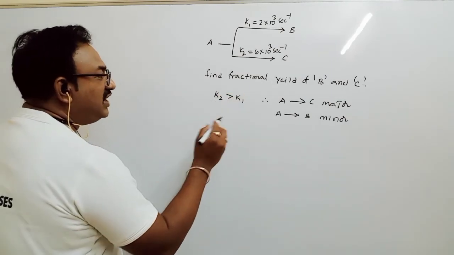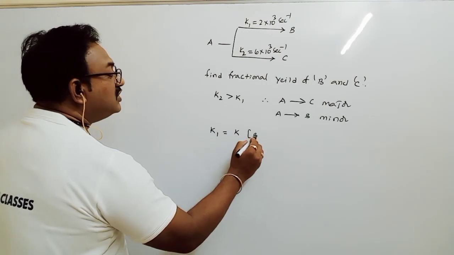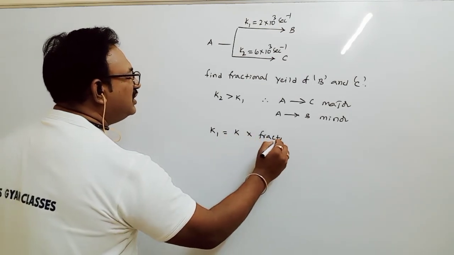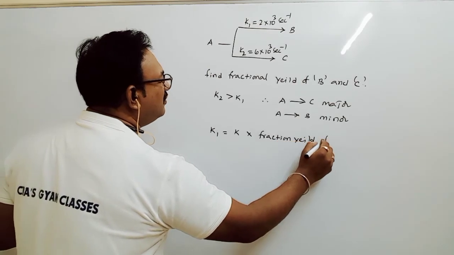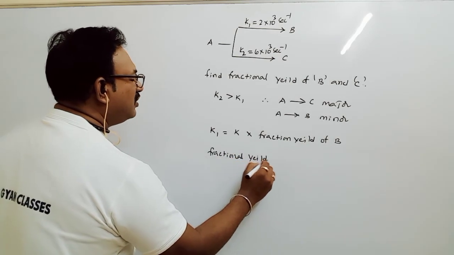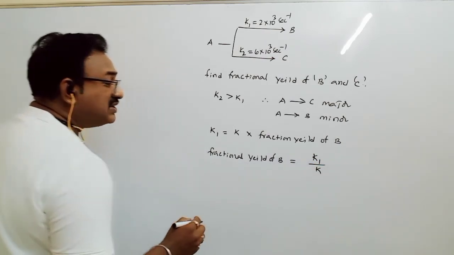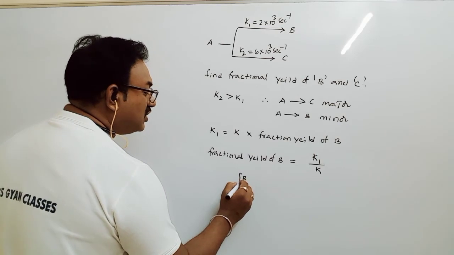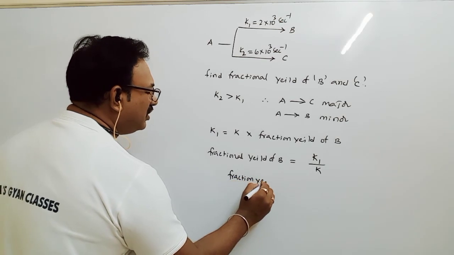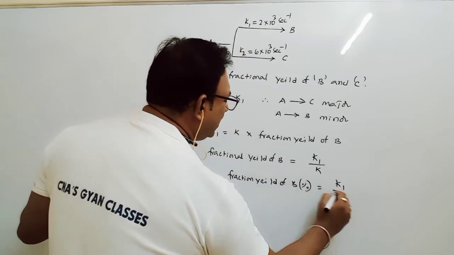So first, the fractional yield of B. That means K1 is equal to K into the fractional yield of B. So therefore, fractional yield of B is equal to K1 by K. If percentage is needed, the fractional yield of B in percentage is equal to K1 by K into 100.